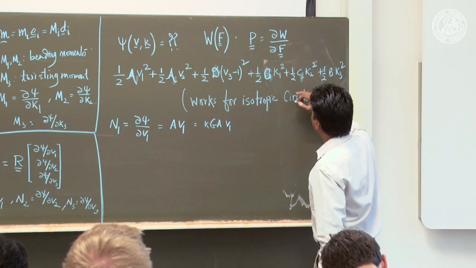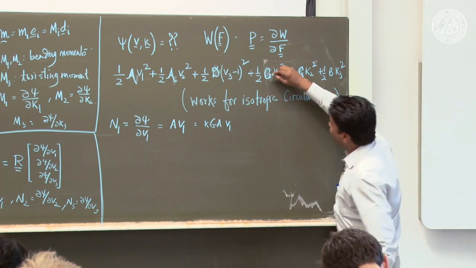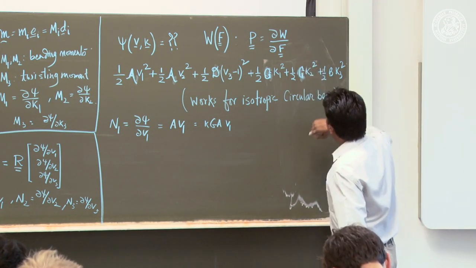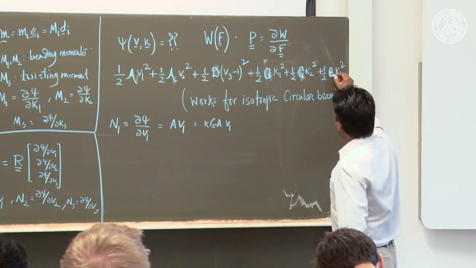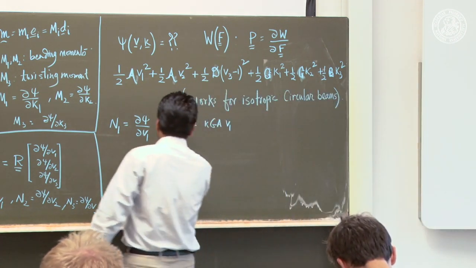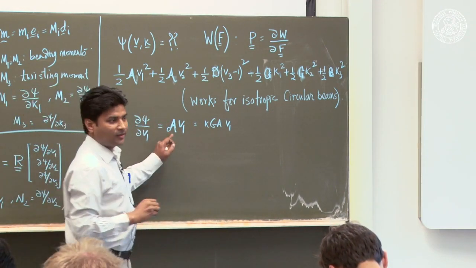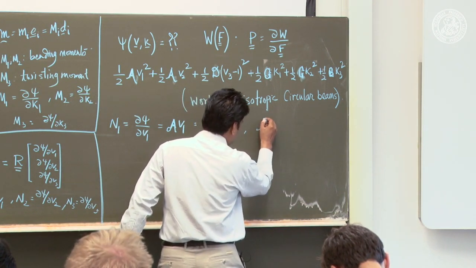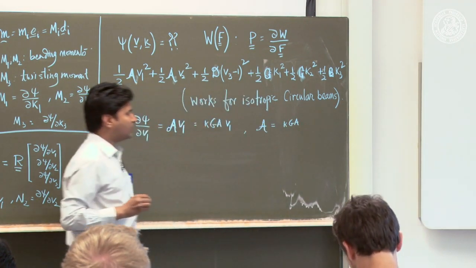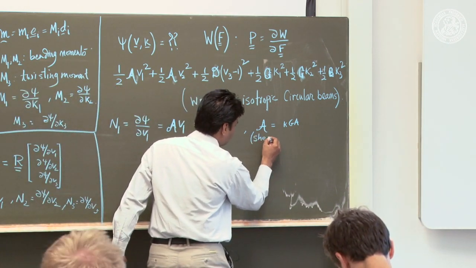I don't know how to write that, it looks like G, but I want to write it as script A. All right, so that was your script A. So what you find is that your A is equal to K times GA, and that's called the shearing stiffness.